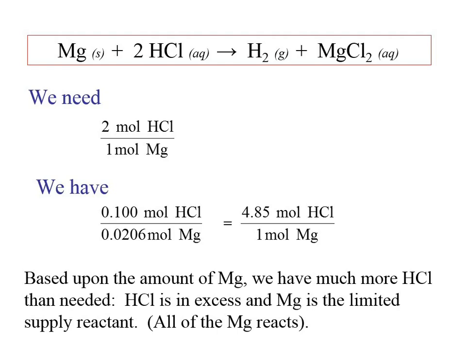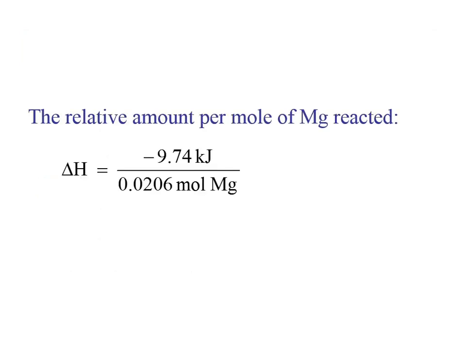So now if you go back a few slides, to the amount of energy that was released for this specific scenario, we're going to take that energy and divide it by the mass of the magnesium. Actually, here we're taking that energy that was released, negative 9.74 kilojoules, and dividing it by the moles.